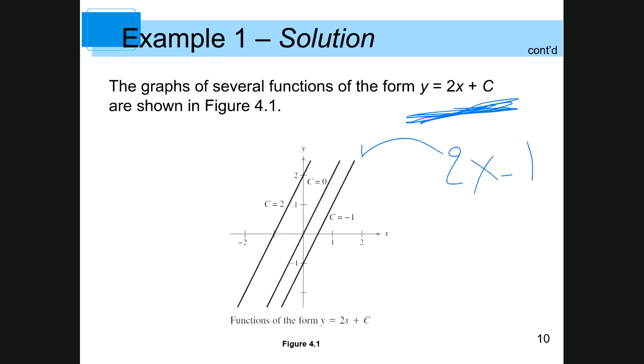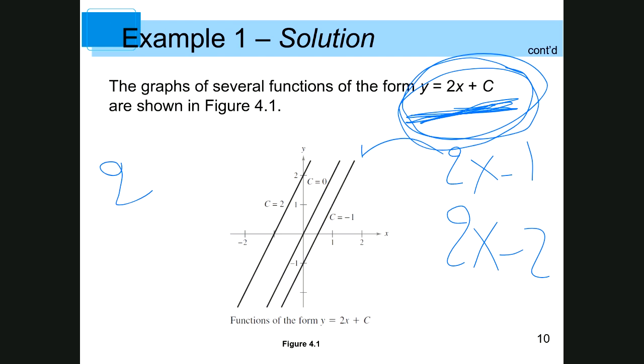Actually, it will hit at 1/2. 2x minus 2 will hit 1, etc. This kind of question will not be in the exam, but it will most likely be in your homework. Very often in the exam, they will just ask you to find the antiderivative of 2, the function that you derive to get 2. But they may ask you to draw, and you can see they have the same slopes.